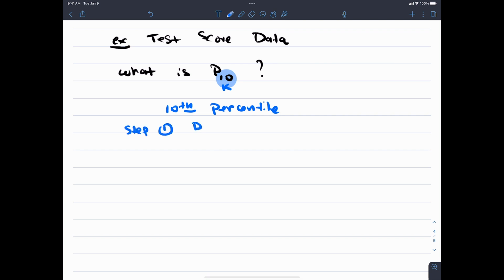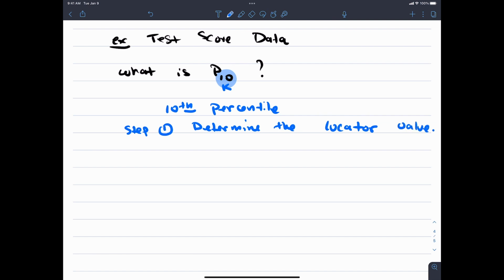Step 1 is: determine the locator. I'll say locator value.